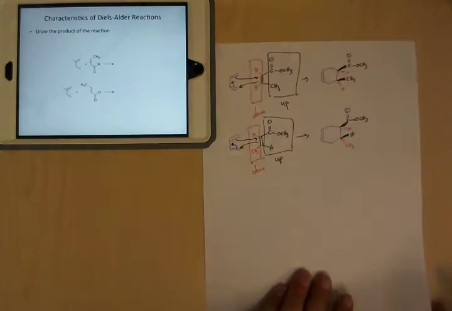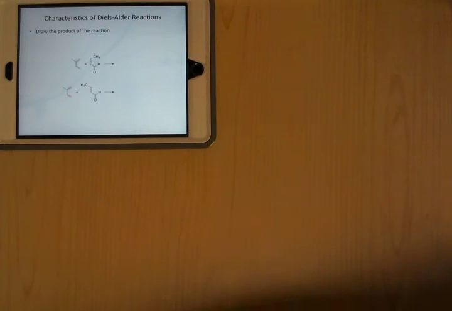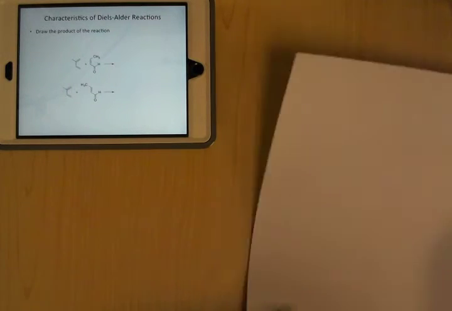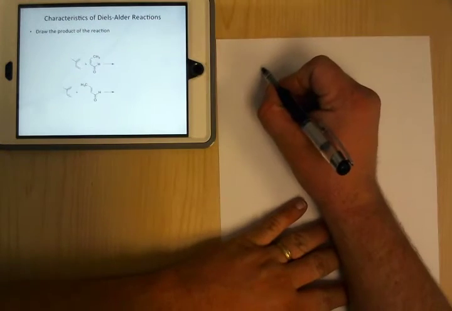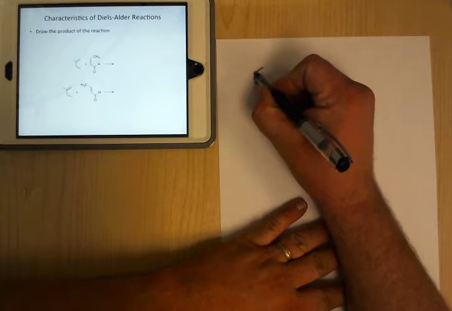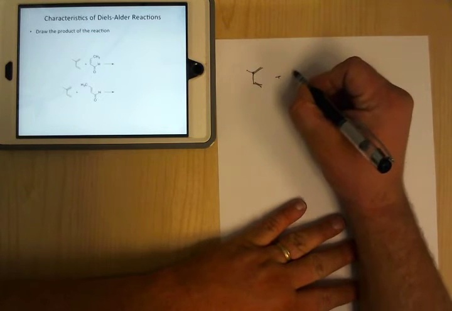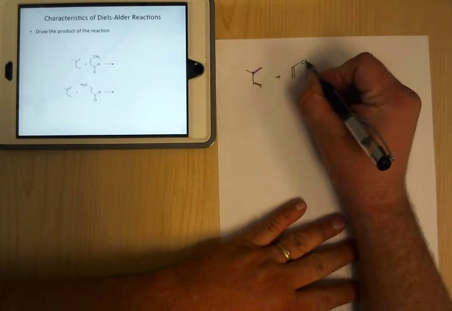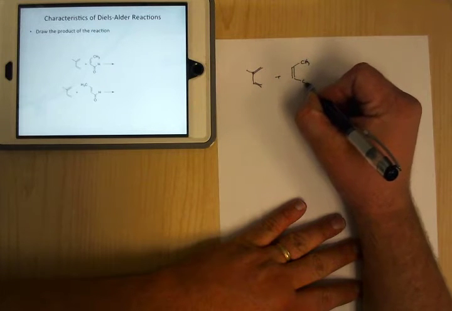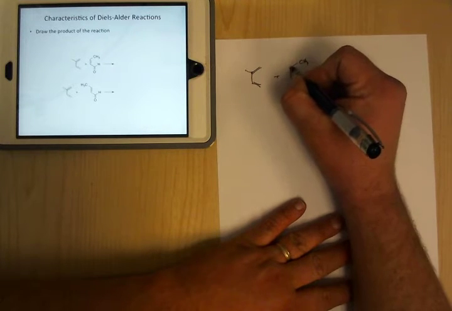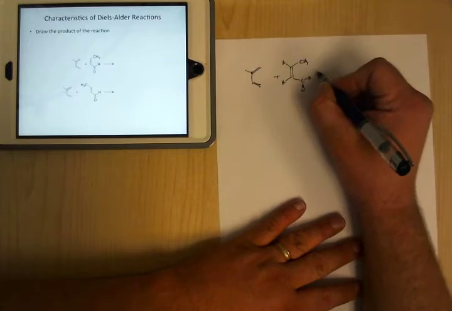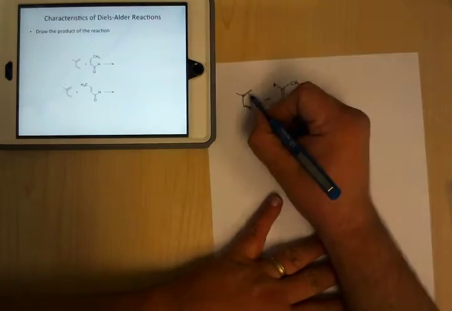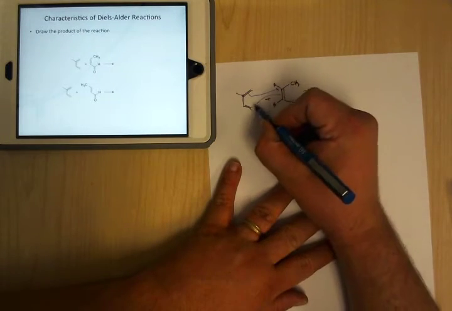Okay, so let's draw the stereochemistry of these guys. We're going to have that go there, that go there, that go there.